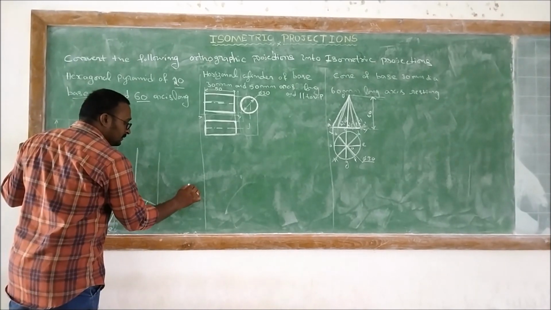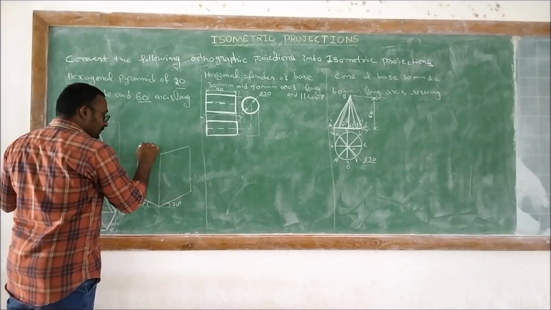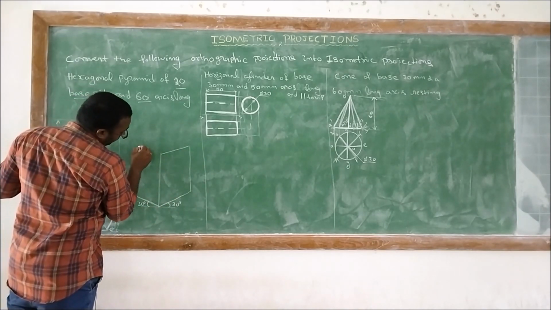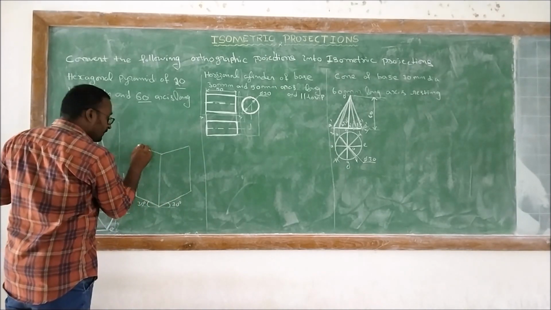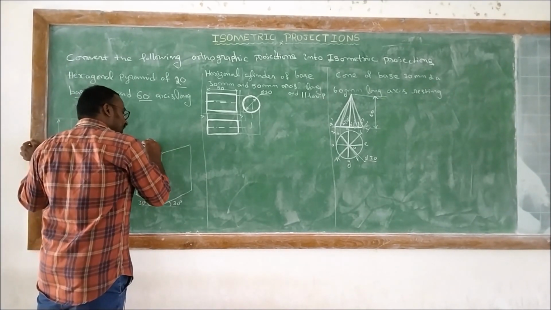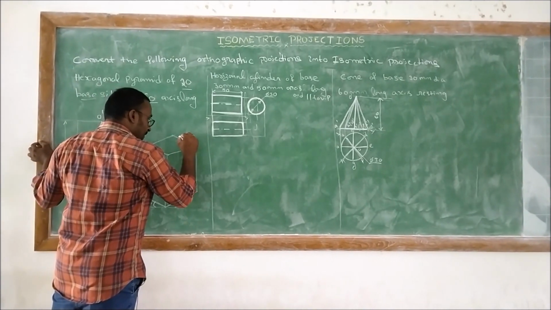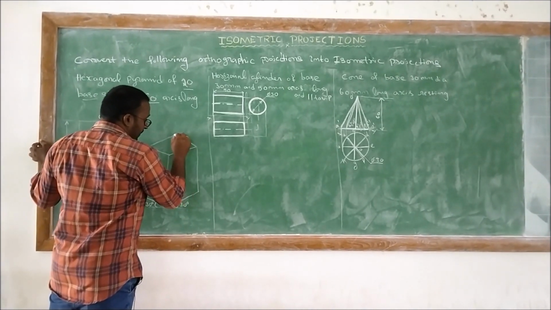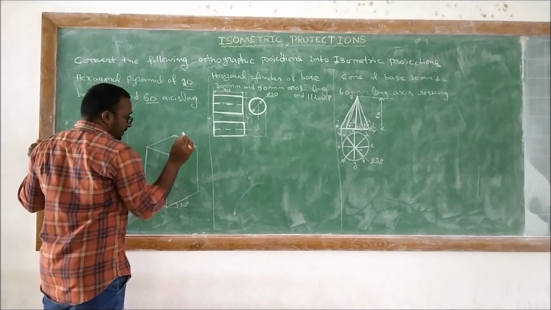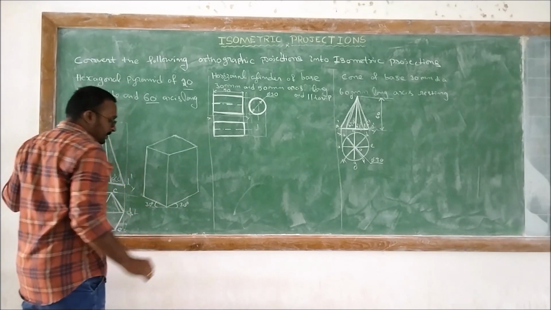Here 60, 60. So the outside box must be created like this, right?